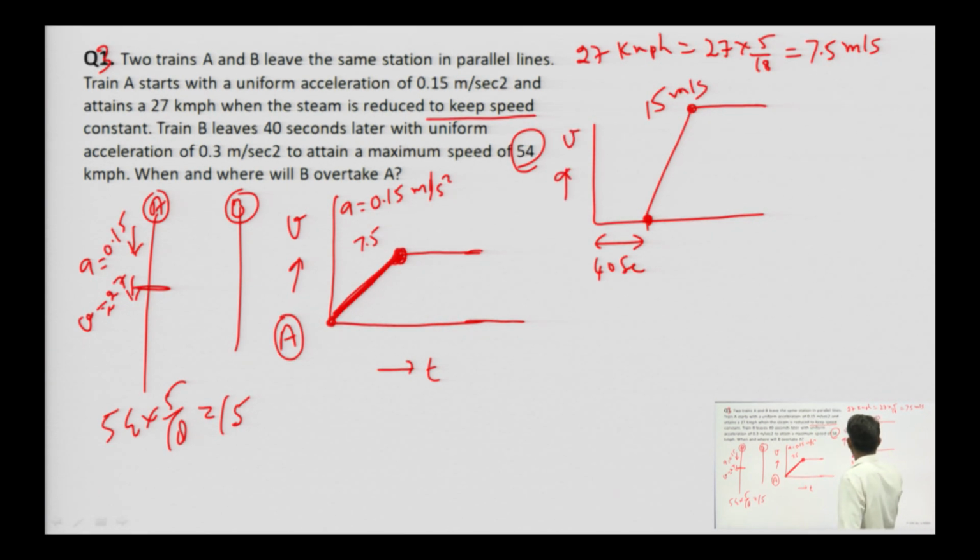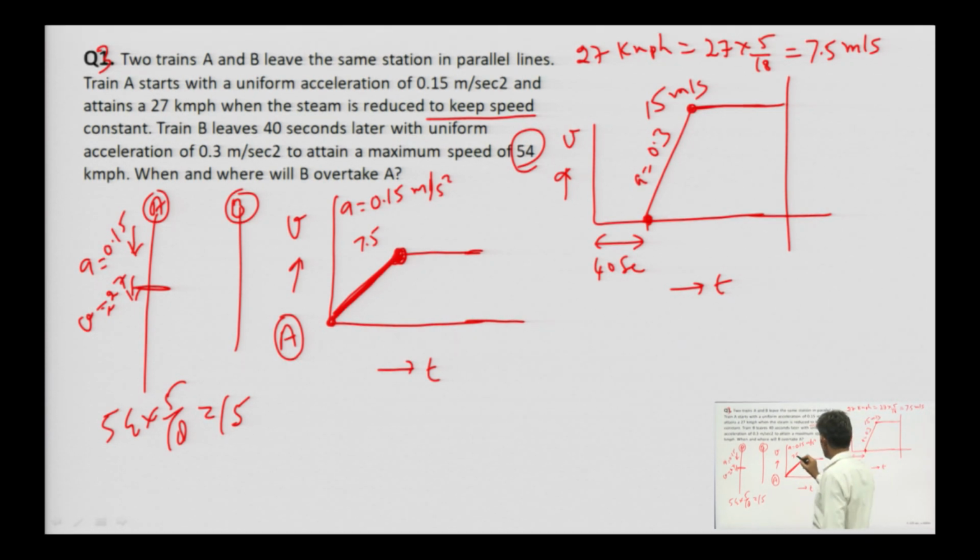This is velocity v, this is time t, and acceleration here is 0.3 meter per second square to attain the maximum speed. When and where will B overtake?